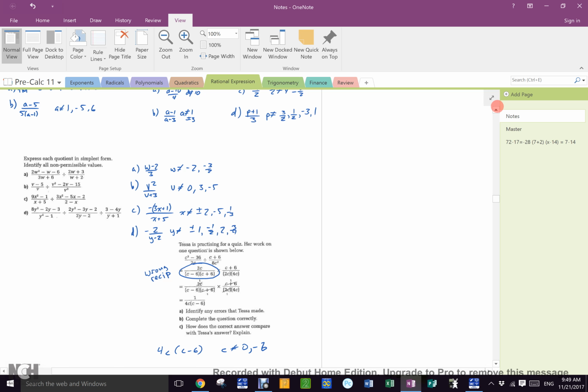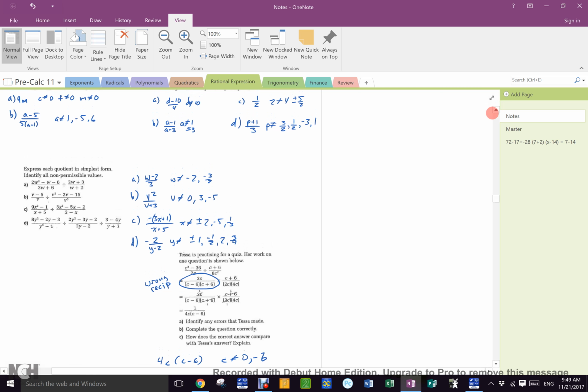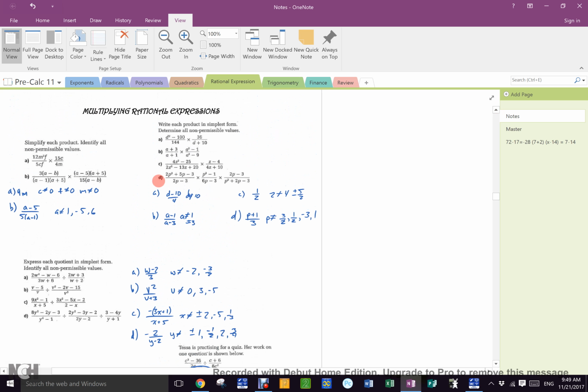Yes. Which? This one? This D right here? Yep. So factor everywhere, yeah? So you're going to get 2p plus minus 3 is got to be negative 6, right? And so it's got to be negative 1 plus 6.